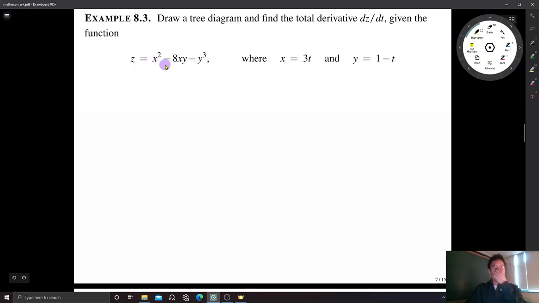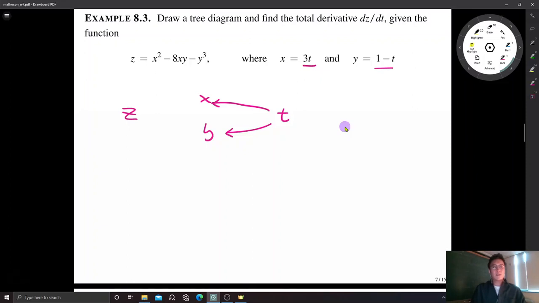Now z is given by a function of x and y. Okay. But x is also a function of t and y is also a function of t. So we have four variables here, z, x, y, and t. And t has an impact on x, also an impact on y. So a change in t brings about a change in x or a change in y.